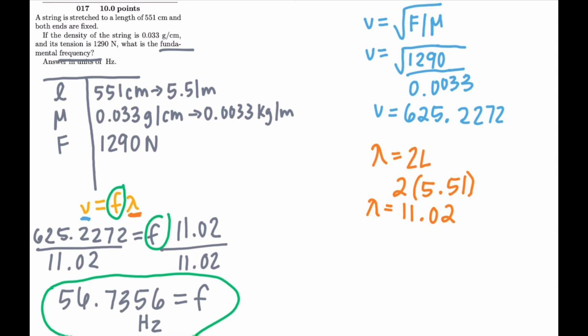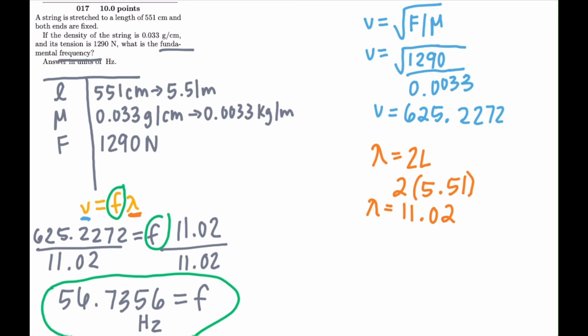So I'm just going to recap real quick what we did. We found out that we needed to find the fundamental frequency, and we listed everything in our t-chart. We have our length, our linear density, and our force. We said, okay, well, we need to find the velocity as well as the wavelength in order to find the frequency. So we found the velocity using the equation velocity is equal to the square root of the force divided by the linear density. Then we said, okay, we need wavelength as well.